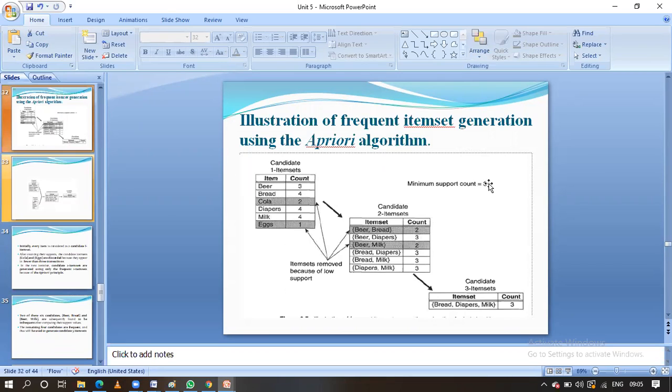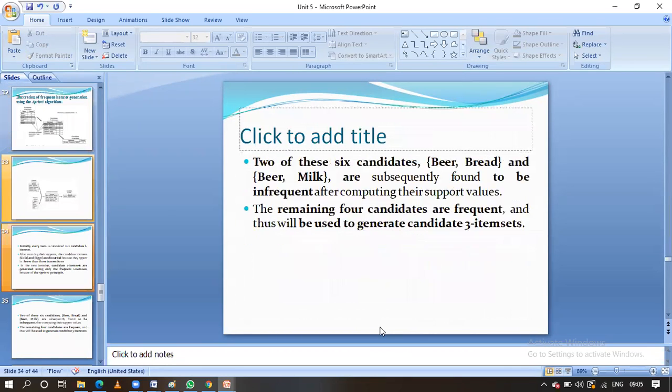What is the minimum support count here? 3 is the minimum support, and these two item sets are less than the 3 value. That is why we are going to eliminate these two. That is the explanation. The remaining 4 we are going to use for the candidate 3 item set.